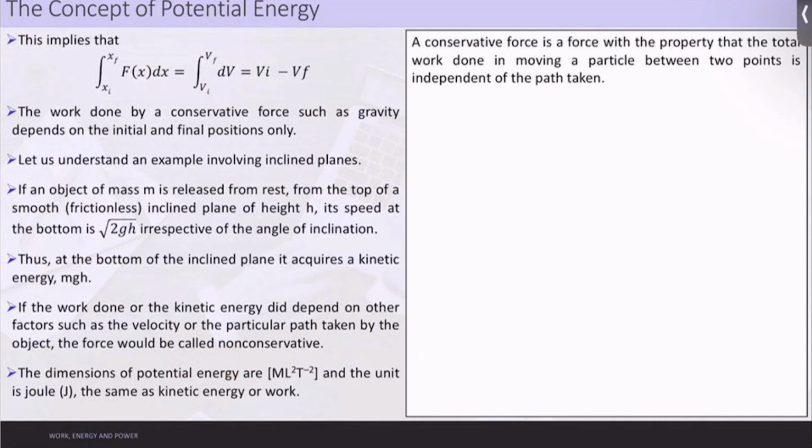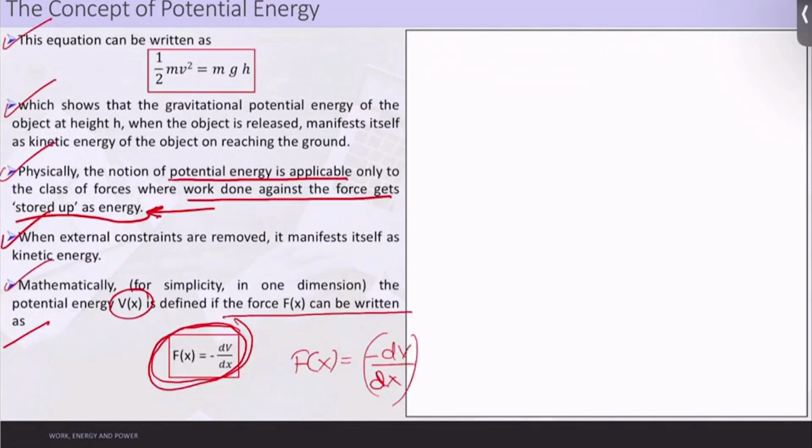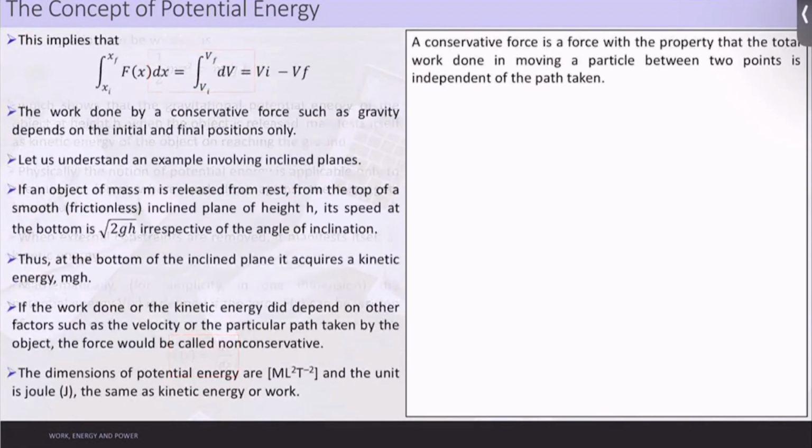This implies what? We know F of x equals minus dV by dx. So you can use this relation to find that the integration of F of x dx is equal to the integration of dV, in the minus sense, from xi to xf, which is initial minus final.